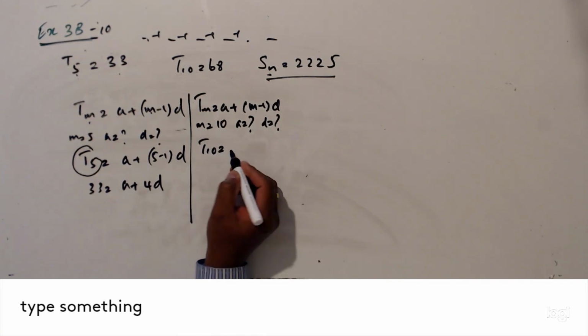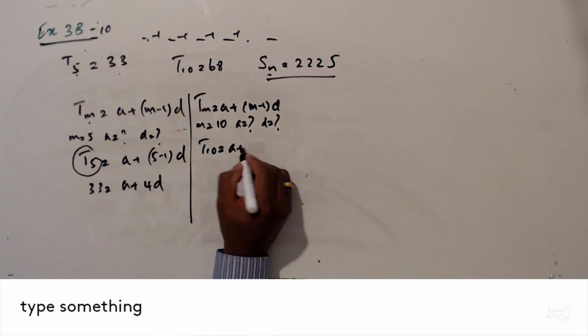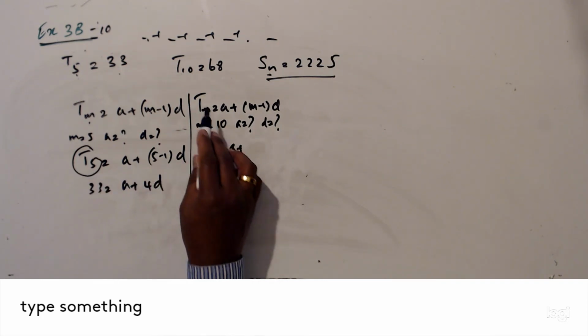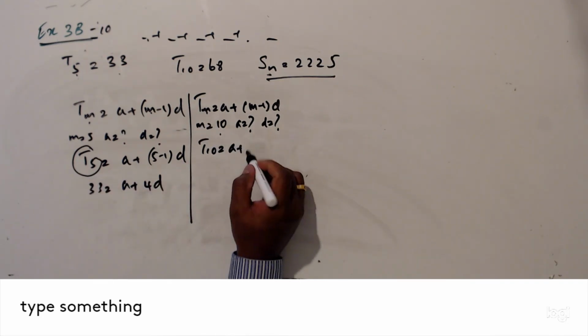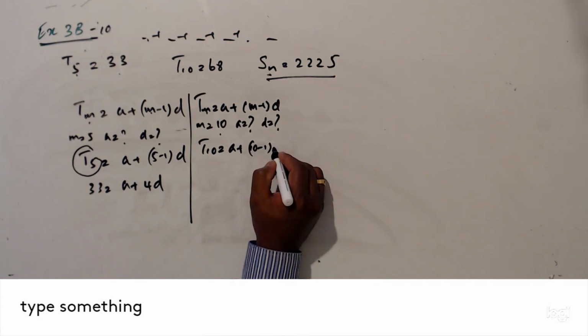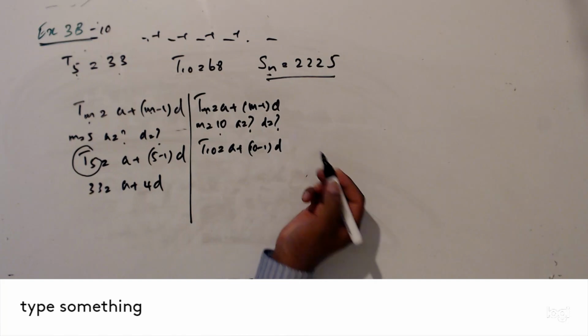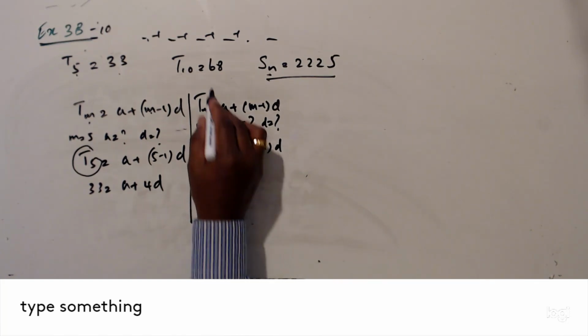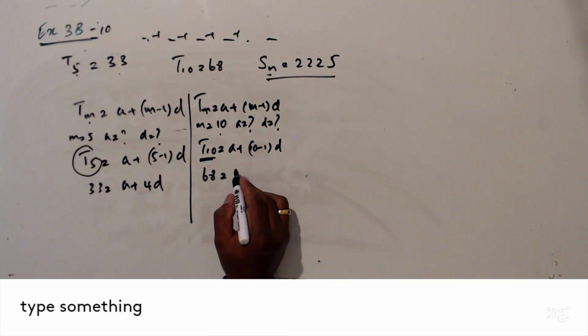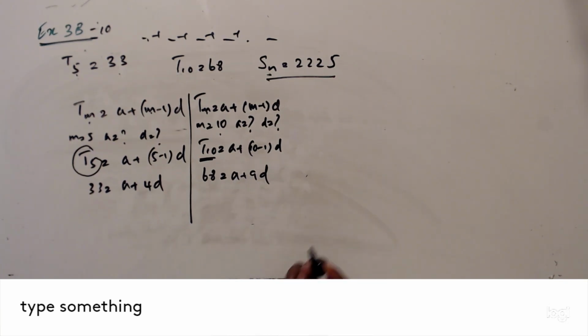So T10 equals a plus 10 minus 1 times d, and T10 we know is 68, so a plus 9d.